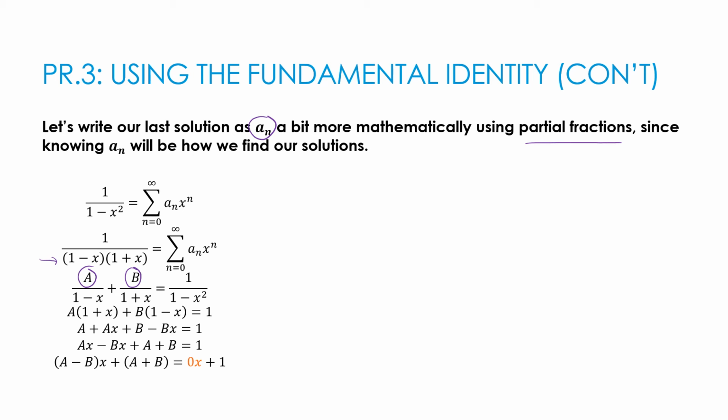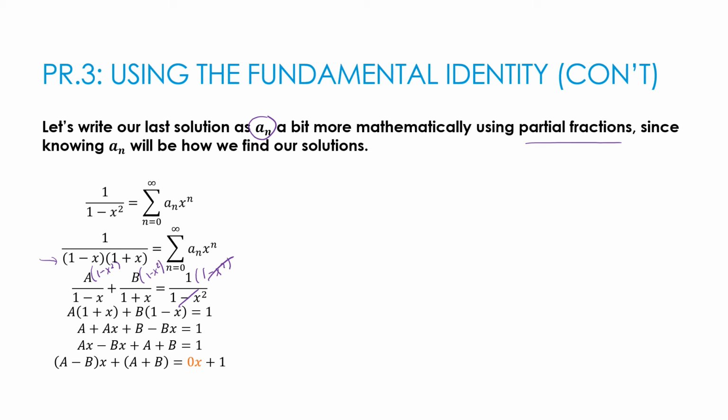And I want that to equal 1 over 1 minus x squared. So I'm solving for a and solving for b. And so again, if I want to write it so that I don't have a fraction any longer, I'm taking all of these times 1 minus x squared.